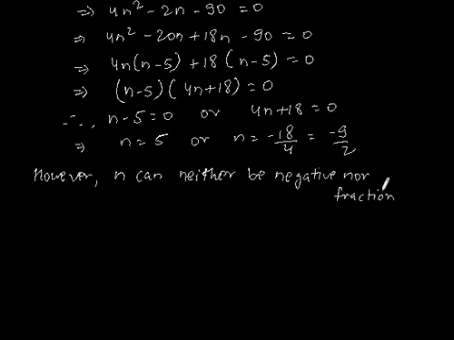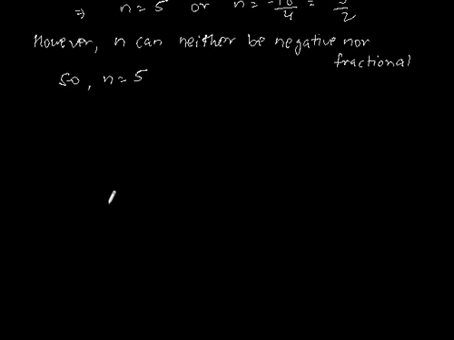So n is equal to 5. Now we know that an is equal to a plus n minus 1 into d.